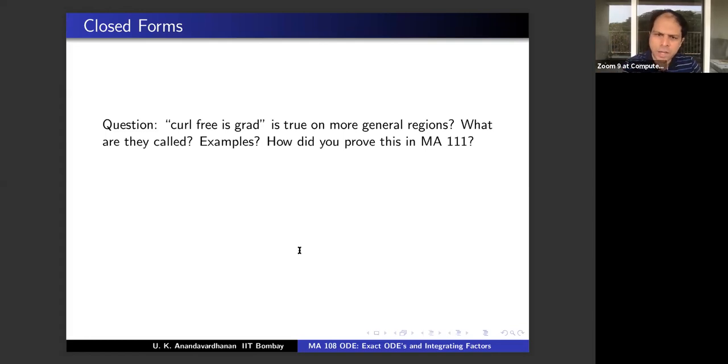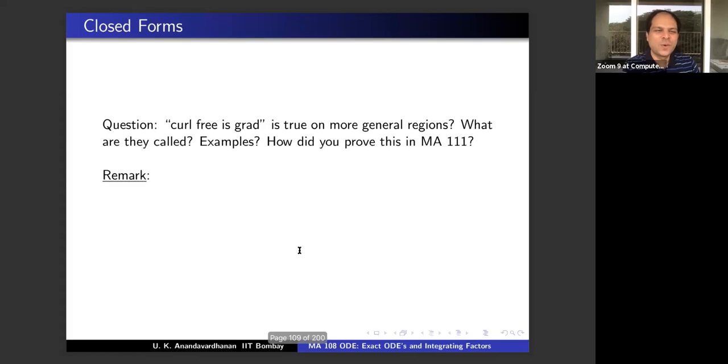Let me run through the examples if I have time remaining. And if you don't recall this proof, tell me. I hope I will recall the proof. Otherwise, I will Google in front of you. That's one good thing about online classes. If I am stuck, I can just open Google and show you the proof. But I think this proof I will recall. It's one of my favorite proofs.